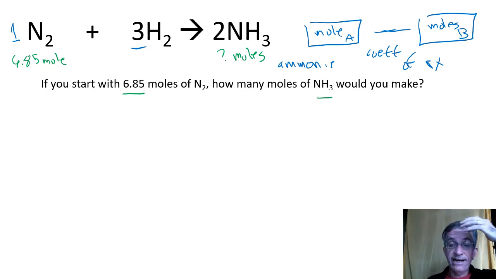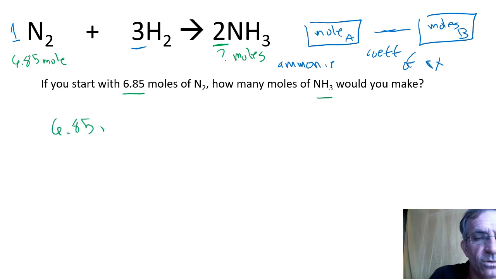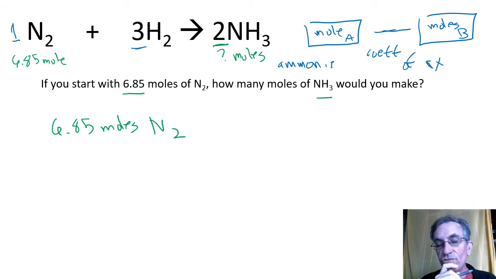But for right now, all we need to look at, moles of one thing to moles of something else, you're going to look at your coefficients. All right, and again, it's converting. So how do you convert? You write down the beginning number and unit, 6.85 moles of nitrogen. You write down the unit you're going to.